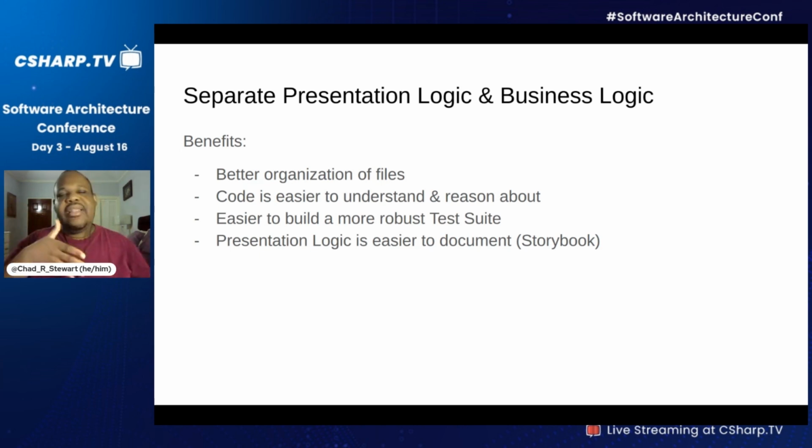Whereas when it's separated, I can just run that function, maybe in Vitest or Jest. I don't have to render an entire component and then apply an action just to run that function. And because I have access to that function, I can do more type testing, right? And then again, the presentation logic is easier to document, as the story I just told kind of shows, right?